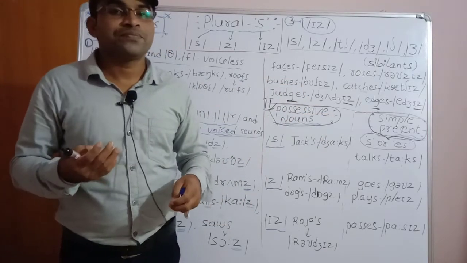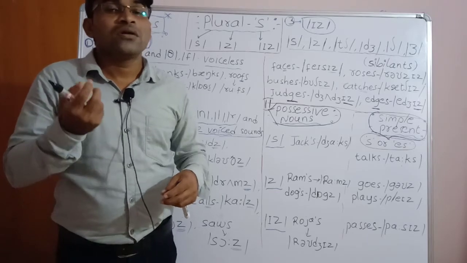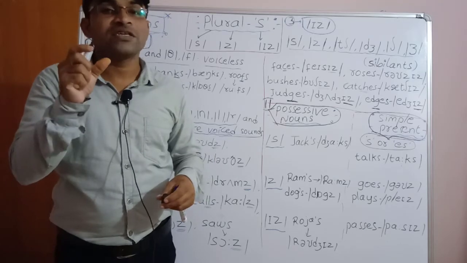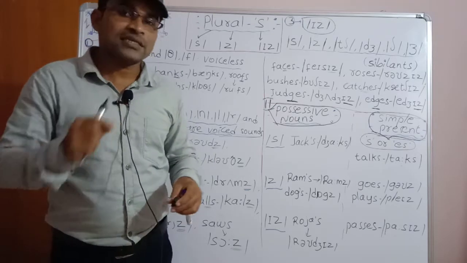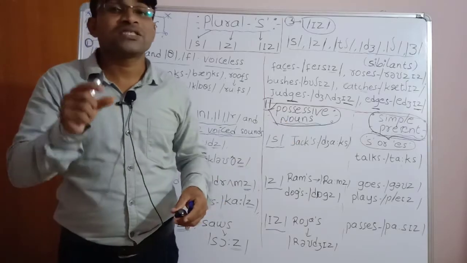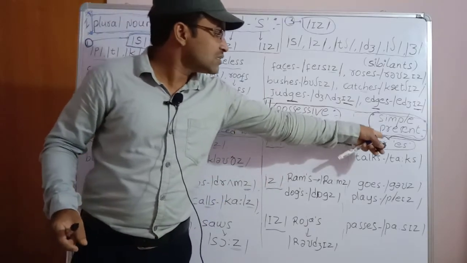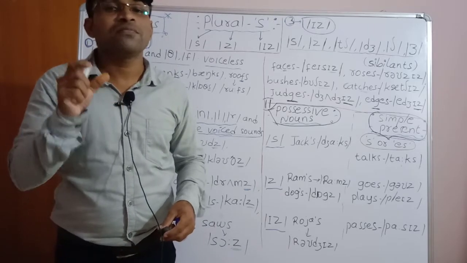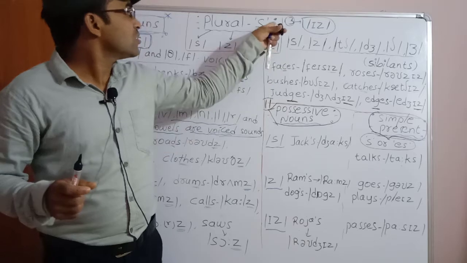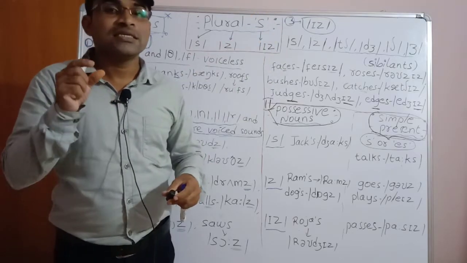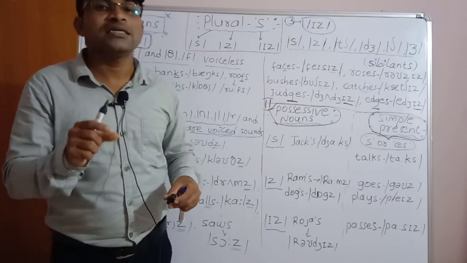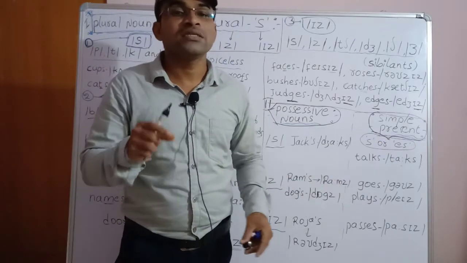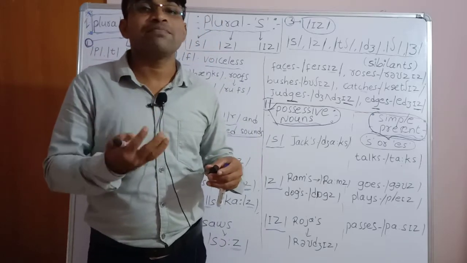Let's see how the suffix s is pronounced in possessive nouns as well as the third person singulars of simple present tense.